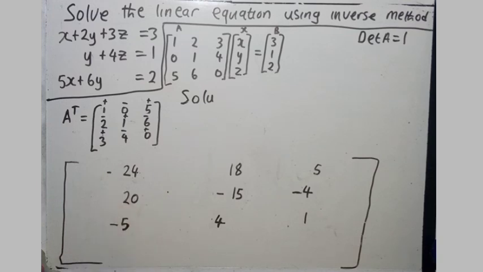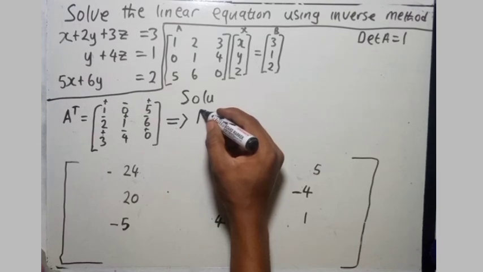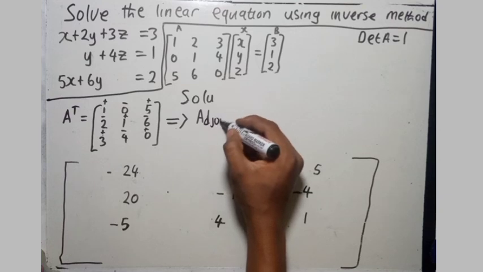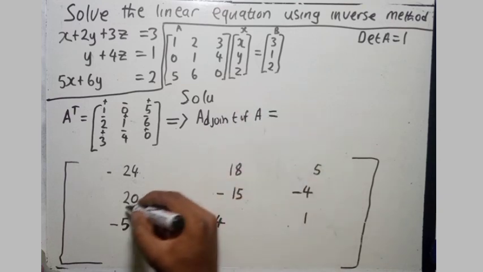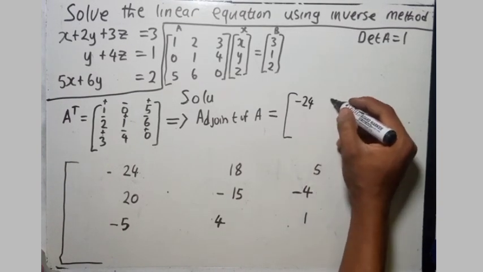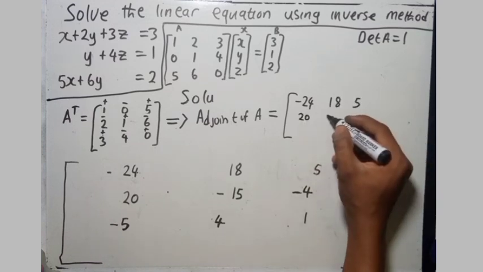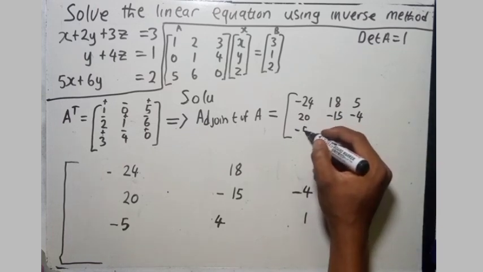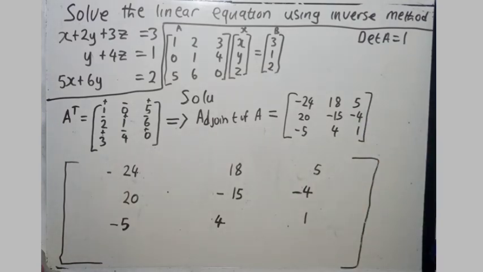So after getting our transpose, we then got our adjoints. And we said the answer is what? Minus 24, 18, 5, 20, minus 15, minus 4, minus 5, 4, and 1.